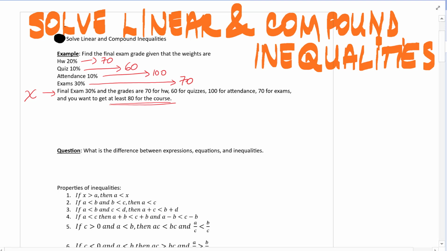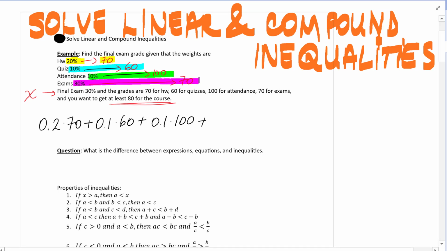Well, 20% of 70, so we do 0.2 times 70, plus 10% of 60, so that would be 0.1 times 60, plus 10% of 100, so that's 0.1 times 100, plus 30% of 70, so that's 0.3 times 70, plus the final exam is 30%, so 0.3 times x, because I don't know the grade for the final exam.